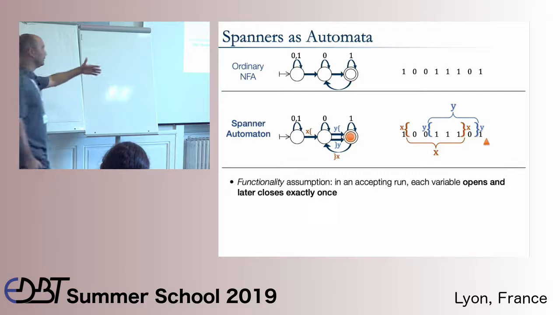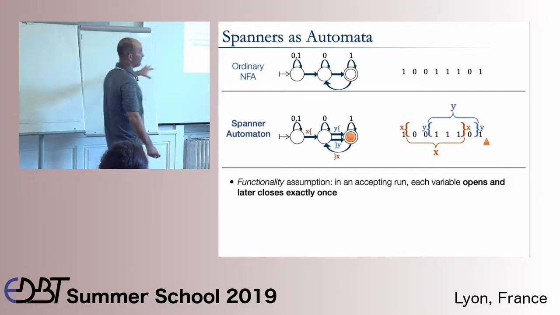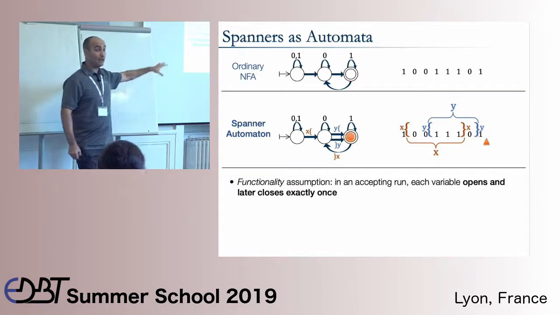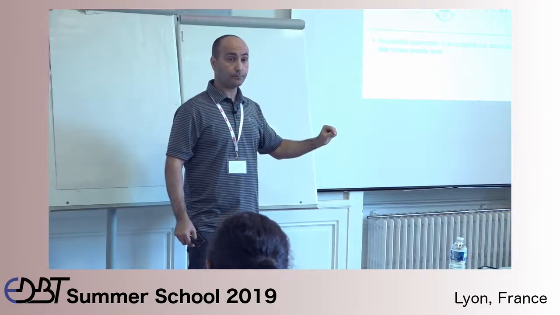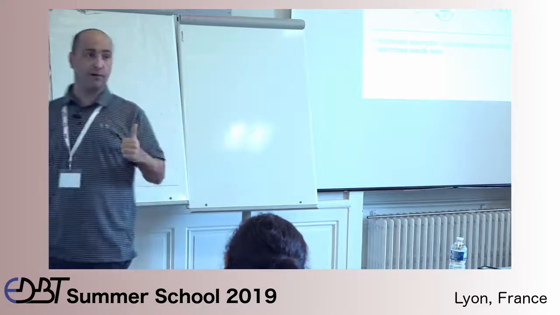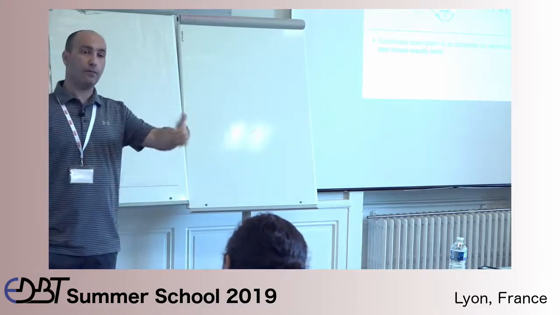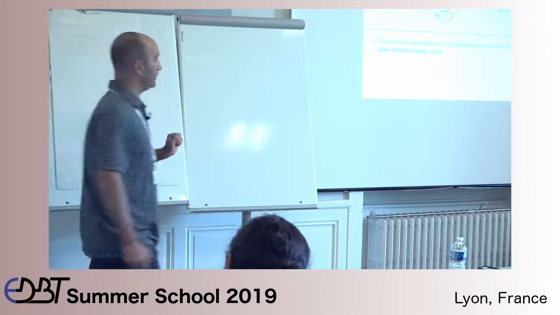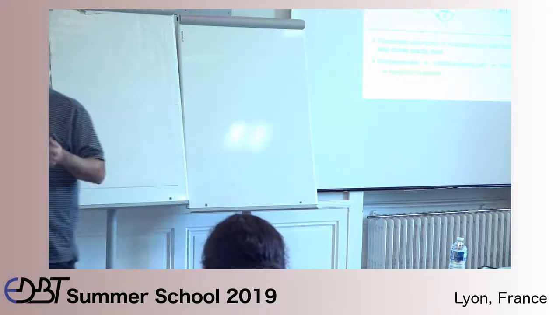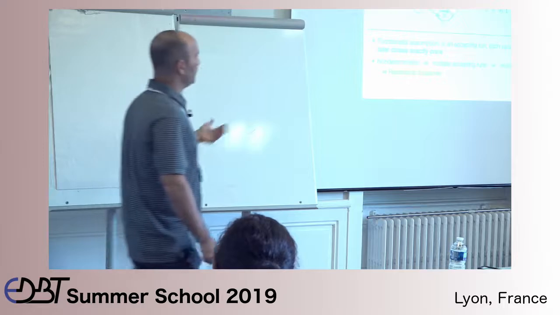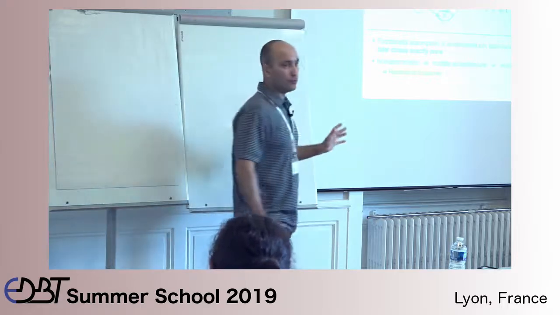Every run gives you an assignment to the variables, and again we're making this functionality assumption that every accepting run behaves well with the variables. It opens every variable once, and after it opens it, it closes it. And it is a non-deterministic automaton, which means that it can have multiple runs, and therefore multiple assignments to the variables, and therefore this is again a representation of a spanner.